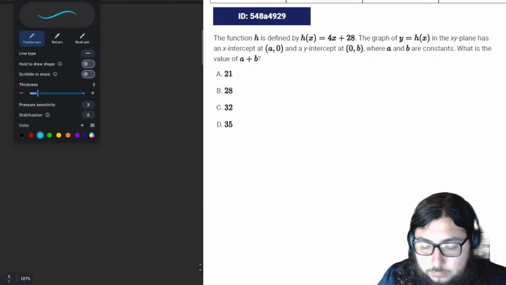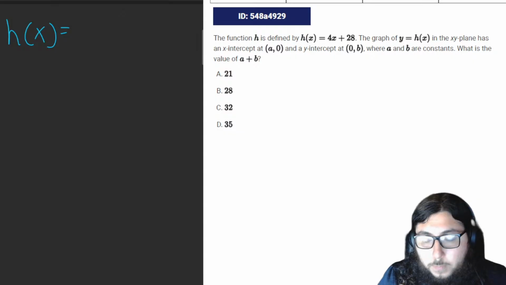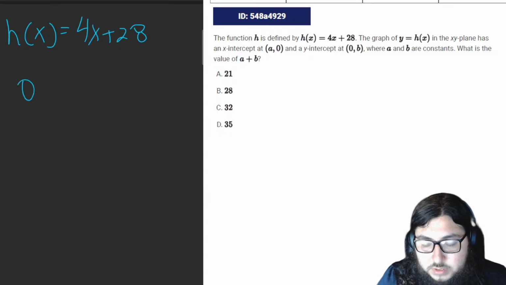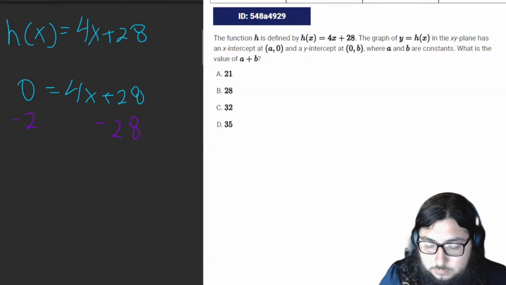So h of x is equal to 4x plus 28. Let's first find a. When y, or h of x, equals 0, we want to solve for x. So solving for x, first we have to subtract 28 from both sides.